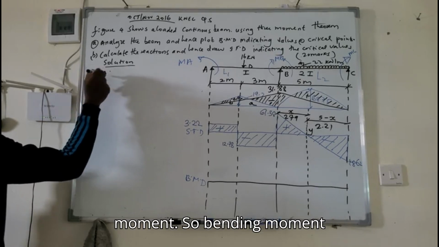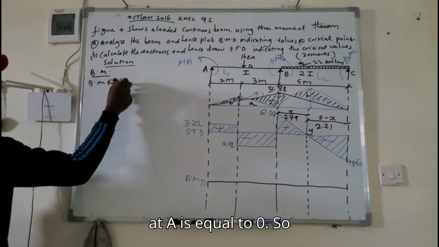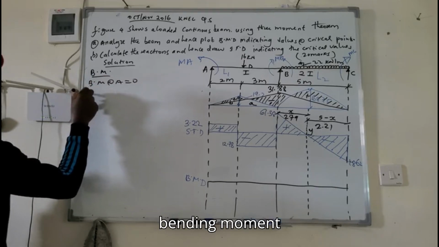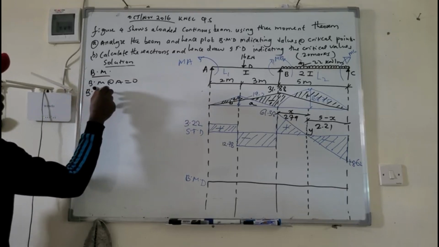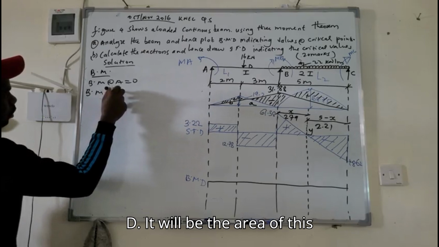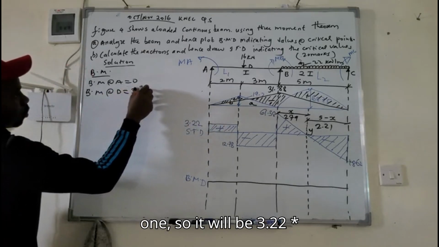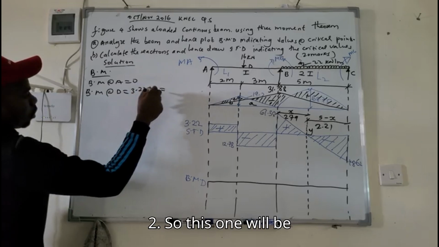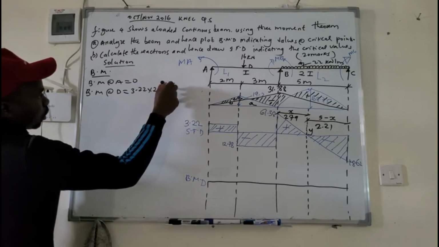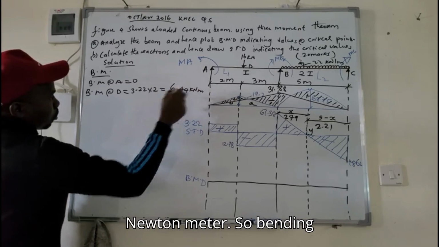So bending moment at A is equal to 0. Bending moment at D will be the area of this one. So it will be 3.22 times 2, so this one will be 6.44 kilonewton meter.